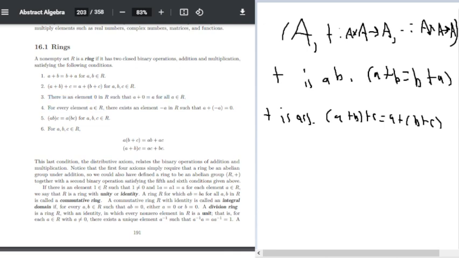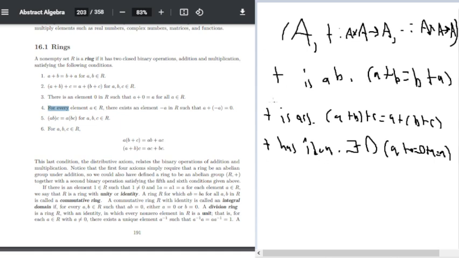There's an element 0, so plus has an identity. So there exists an element 0 such that a plus 0 equals 0 plus a equals a. And for every element there's a negative element.